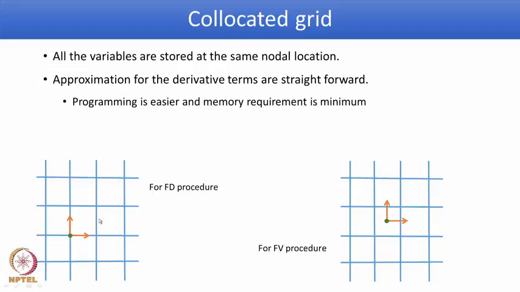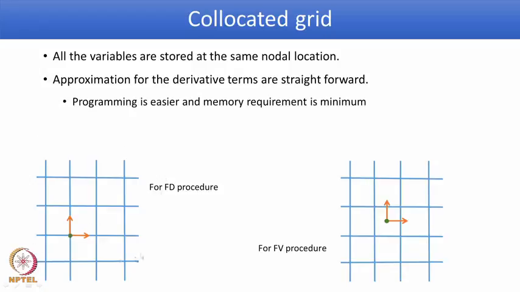In this example, the arrow going from left to right is for the u velocity, the arrow going from bottom to top is for the v velocity, and the dotted point that is marked indicates the node or location where other variables are stored, scalar variables like temperature, pressure, or concentration. So, all three variables, for example u velocity, v velocity, and pressure, are stored at the same location.